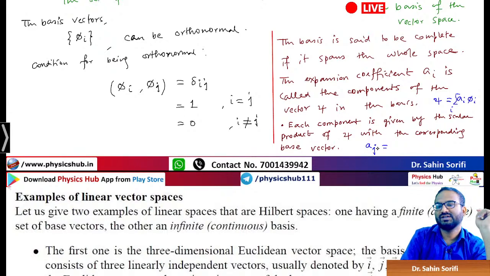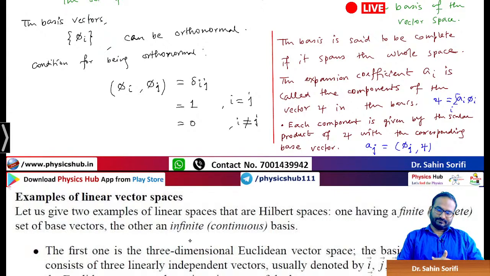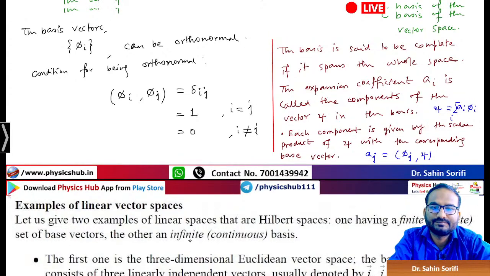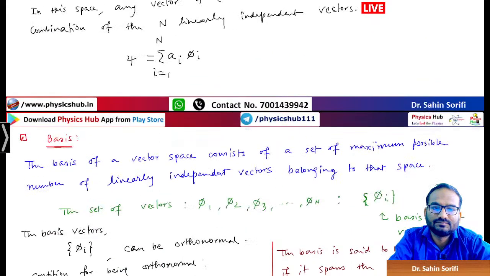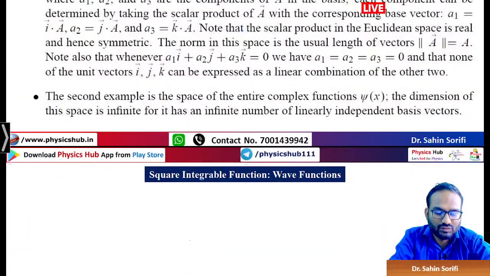What is the corresponding base vector of a j? It is phi j. So you have to take the scalar product of that corresponding base vector with psi. So it is like that. These are very fundamental ideas I think you should know about.